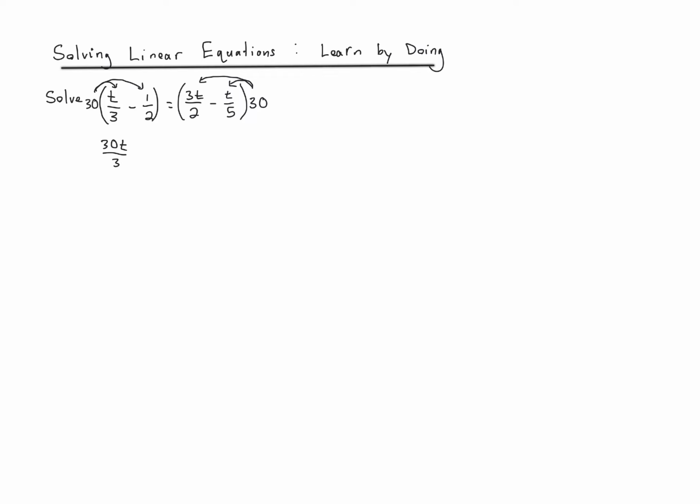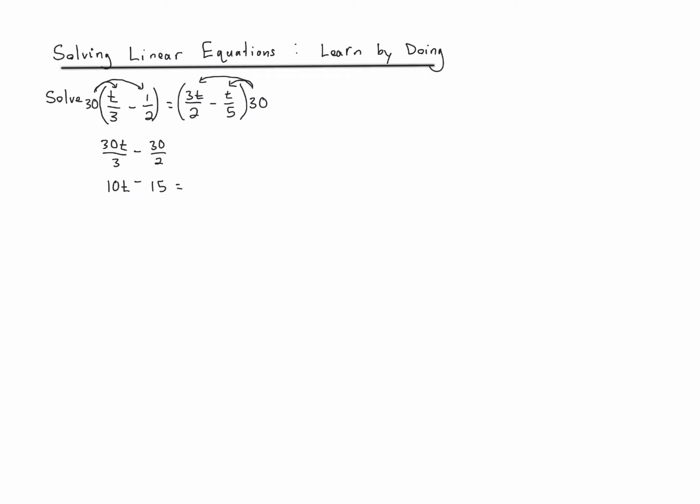And 30t divided by 3 is 10t. So that's what we get for the first term. Then we've got minus 30 times 1 is 30. So we've got 30 halves, or 30 divided by 2, which gives us 15.